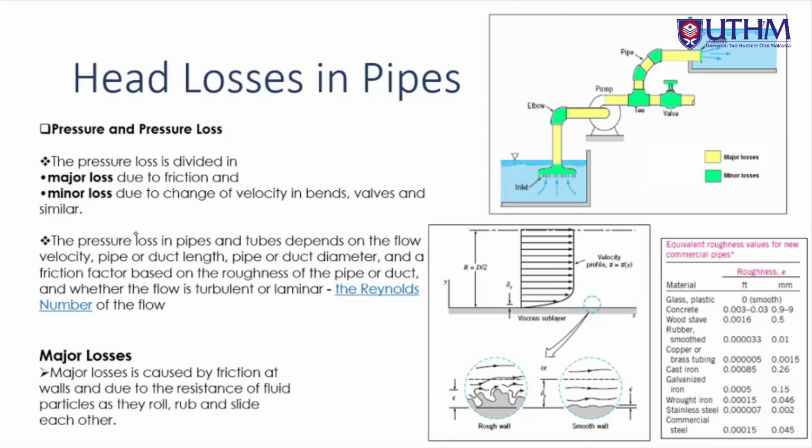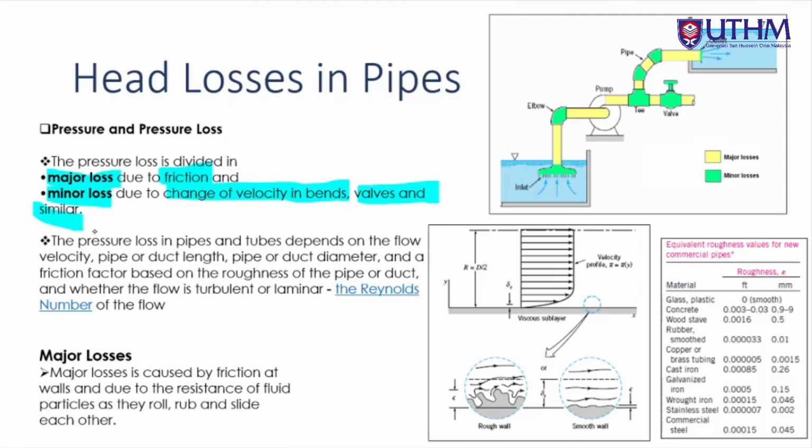So the losses in pipes kita boleh divide major and minor. Major is due to friction and minor due to the change of velocity due to bends or orientation of the pipe itself. And also if let's say kita ada a valve or pump, in which dia akan contribute to minor losses.